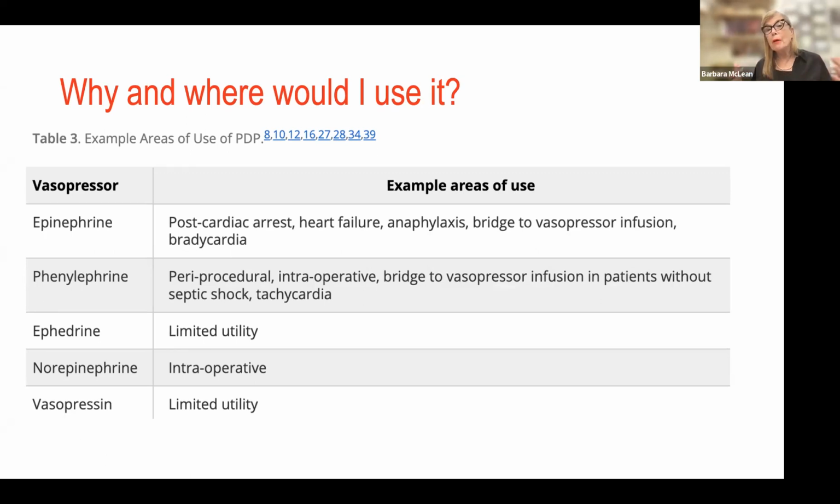Phenylephrine, we use peri-procedure, intraoperatively, and again, going to use it only truly for patients who are in septic or neurogenic shock, sorry, not anaphylactic, neurogenic shock. So septic shock, neurogenic shock, so high quadriplegic injuries, C5 or above. And the patient already has mild to moderate to severe tachycardia, you're going to use phenylephrine as your push dose vasopressor.